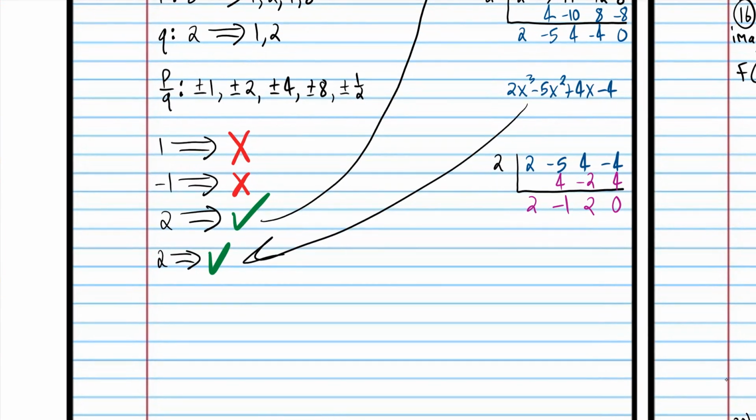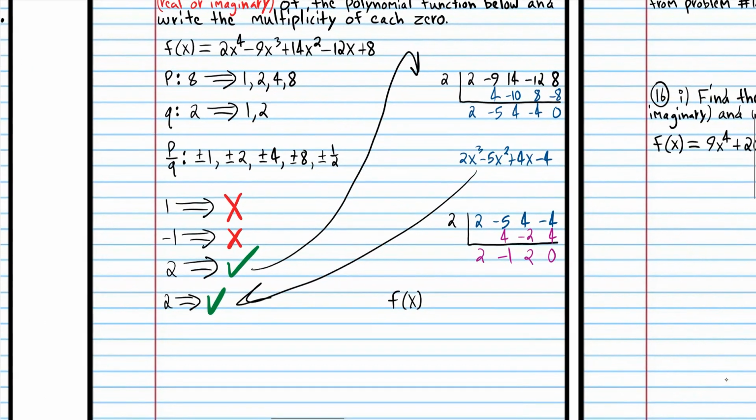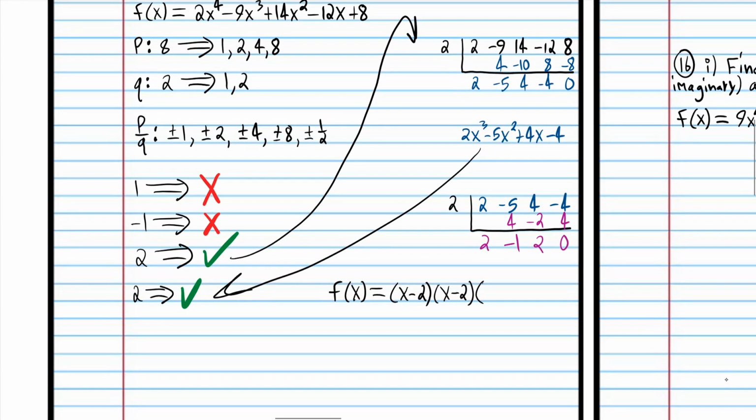So now, what does this mean? It means that f of x, our original function, is equal to x minus 2 times another x minus 2, because 2 worked twice, times whatever is left over. Now, how in the world are we supposed to figure out what's left over? Well, it's right here. That's why we're using synthetic division, because it tells us what's left over.